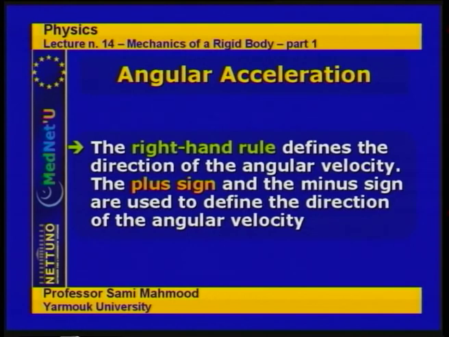In the case of rotation, we determine the sign of the direction of the angular quantities, because we are dealing with one-dimensional rotation. Rotation about a fixed axis is like one-dimensional rotation around this axis. We define the direction in terms of a plus or minus sign, just as in the case of translation.